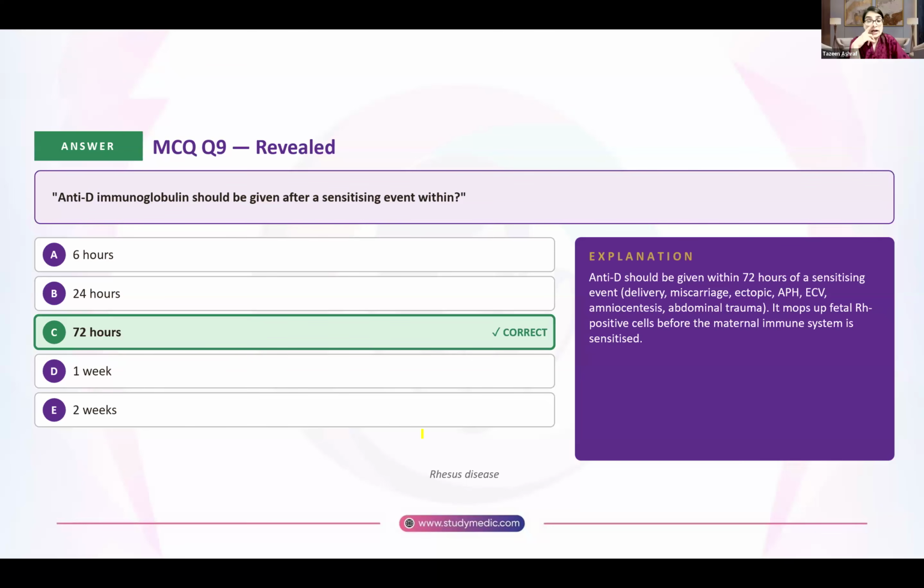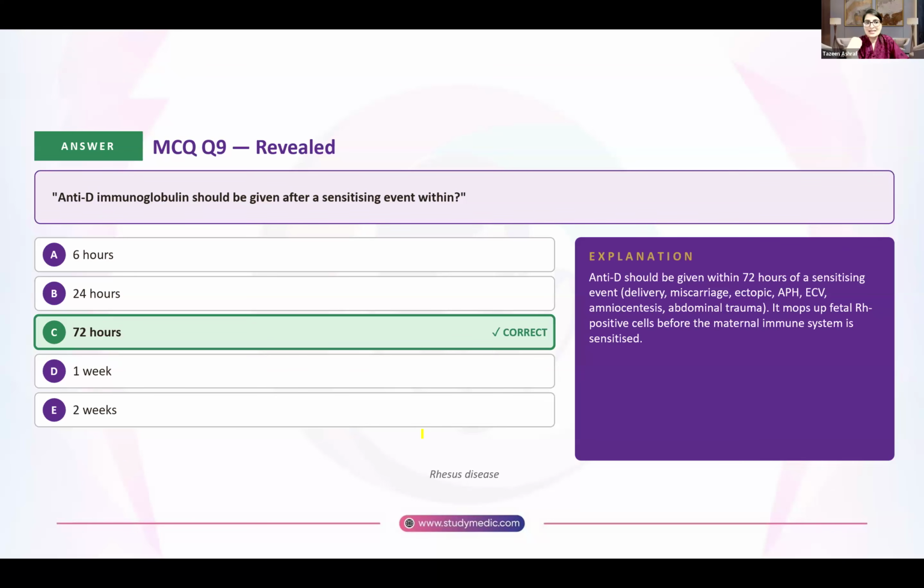And when we do the quantification, we want to know what would be the dose of anti-D. Ideally, it is considered that 125 international units of anti-D will neutralize a fetal-maternal hemorrhage of 4 ml.